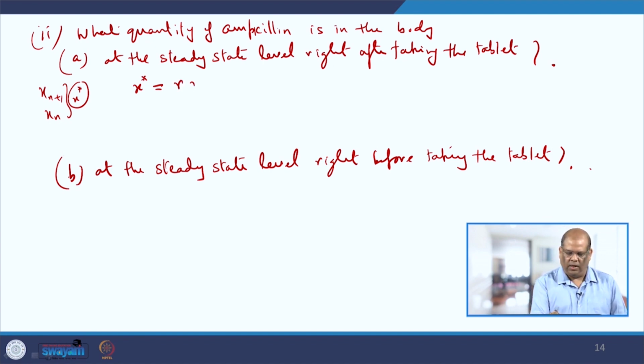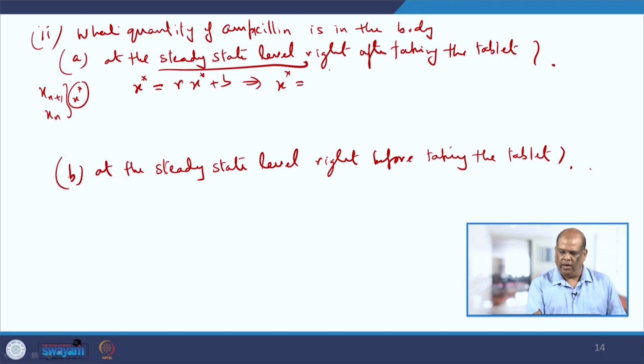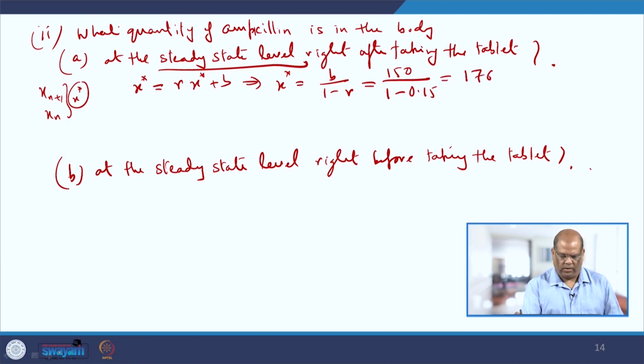So, this gives Rx star plus B, which implies the value at the steady state level is B by 1 minus R, which is 150 divided by 1 minus 0.15, and this value is 176.47 mg.